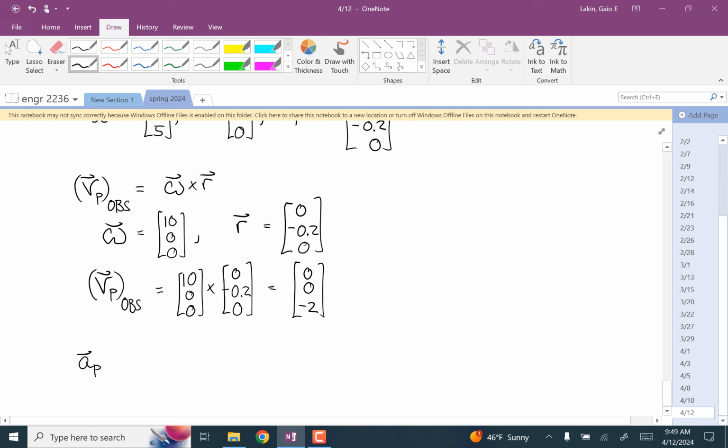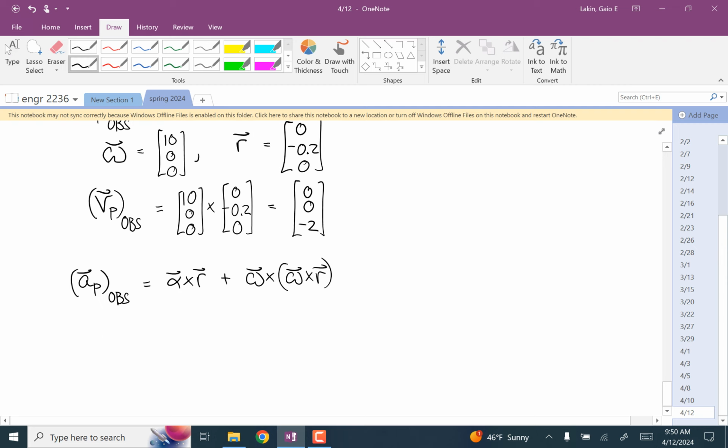How do we calculate the observed acceleration? It's just circular motion, so this is omega cross omega cross r. Our alpha is 0 again.